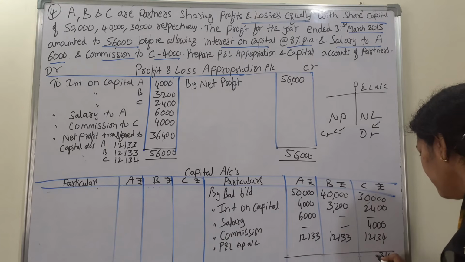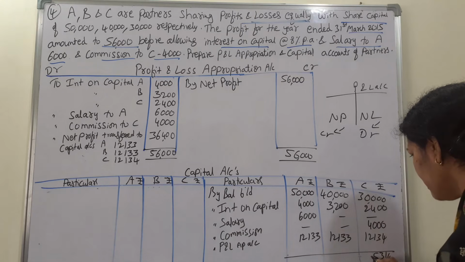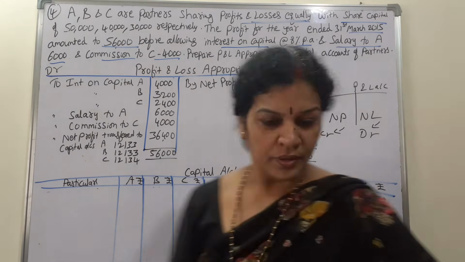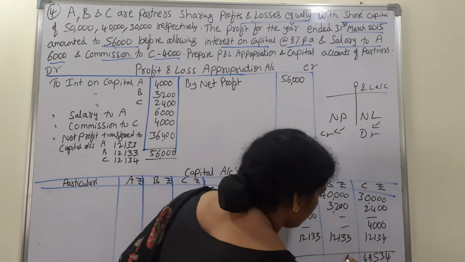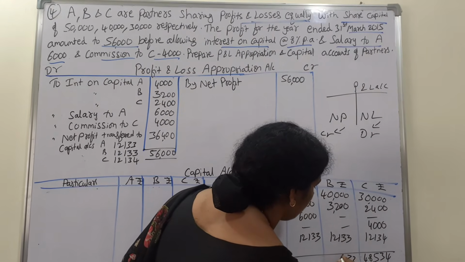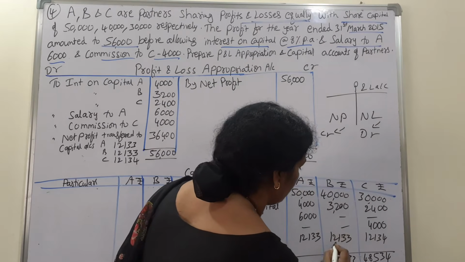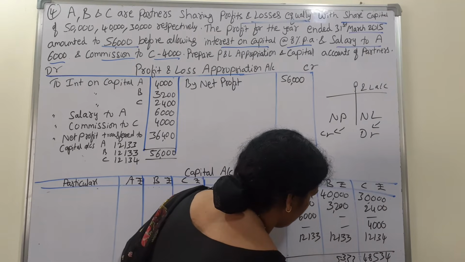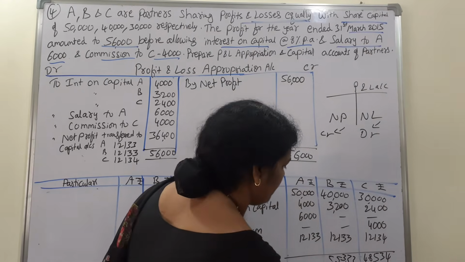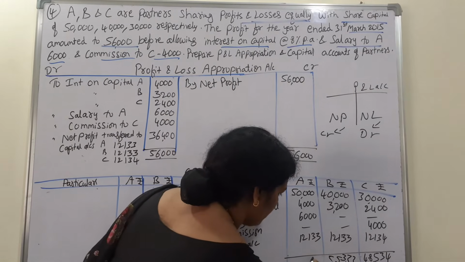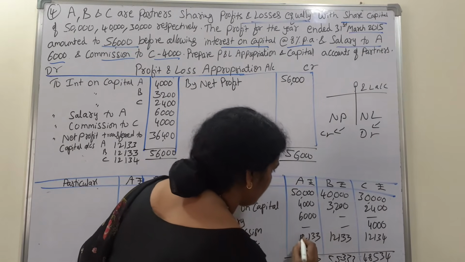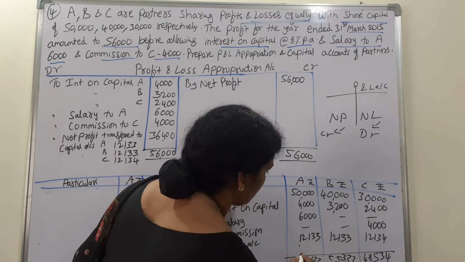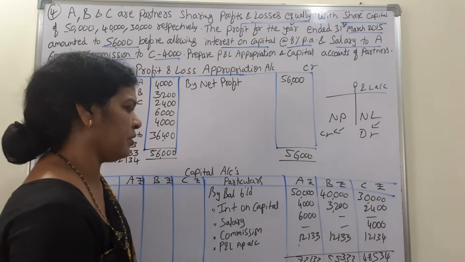We'll total up. The first column is 48,534. The next one is 55,333. And this one is 72,133.